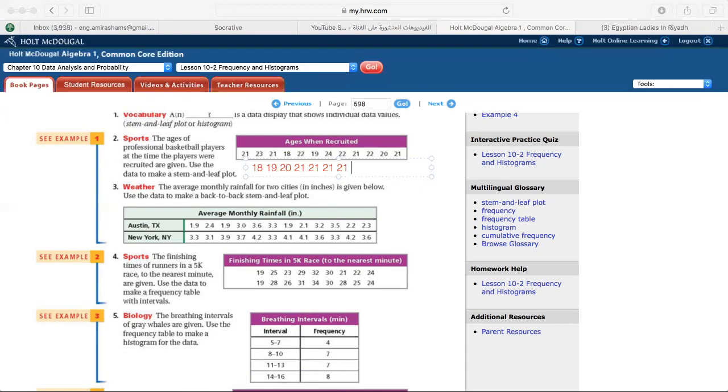Then 21, 21, 21 and 21. 21 is repeated 4 times. Then comes 22, and another 22, and another 22, and 23 and 24.